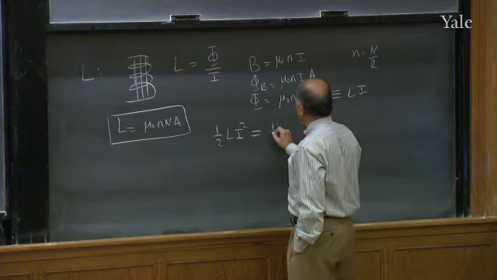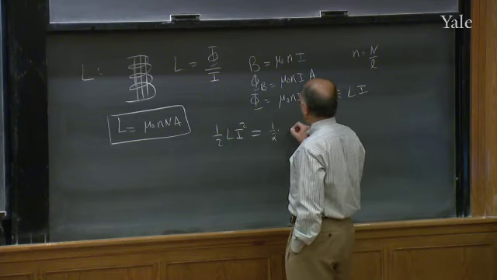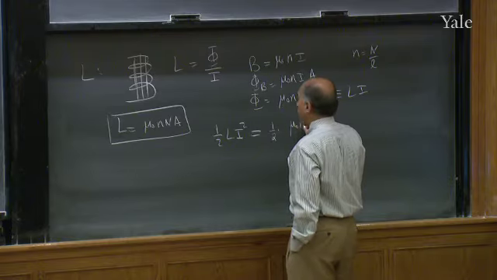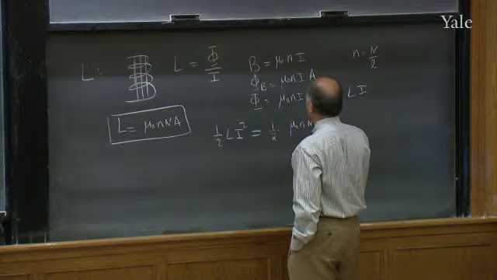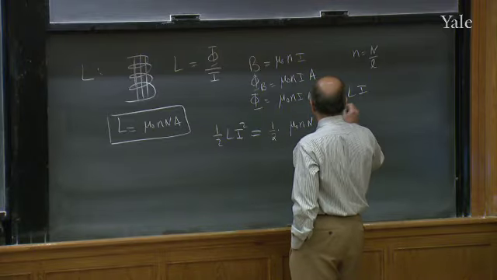You got 1 over 2, L is mu 0 little n big N A, times I squared.